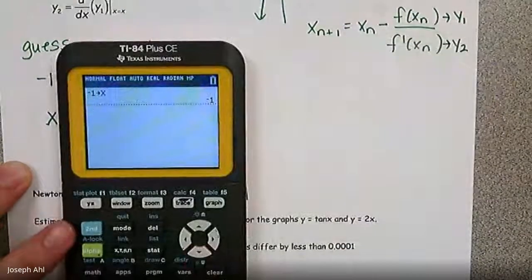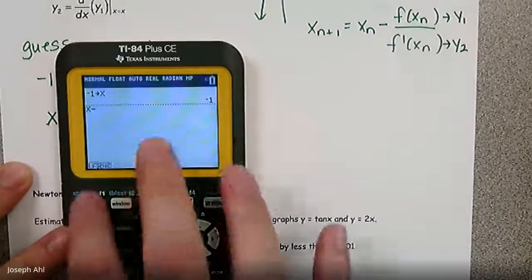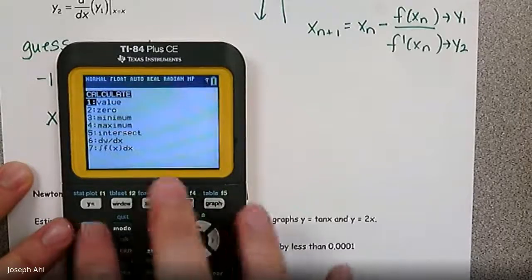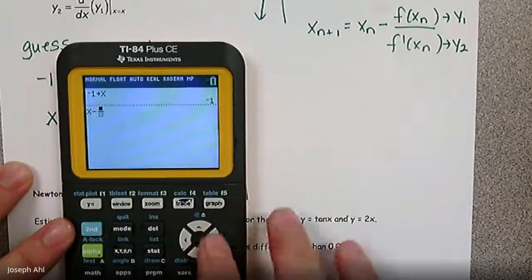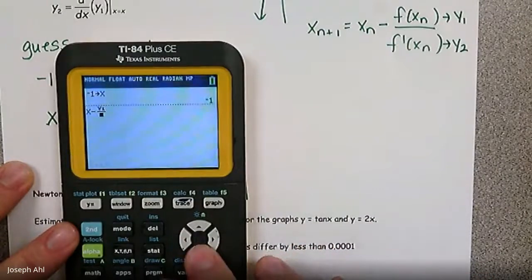With my X value stored there of -1, X minus, and then we'll do a fancy fraction here, y1. Oops, sorry. I'm going to go to vars, over to y vars, enter for function, enter for y1.